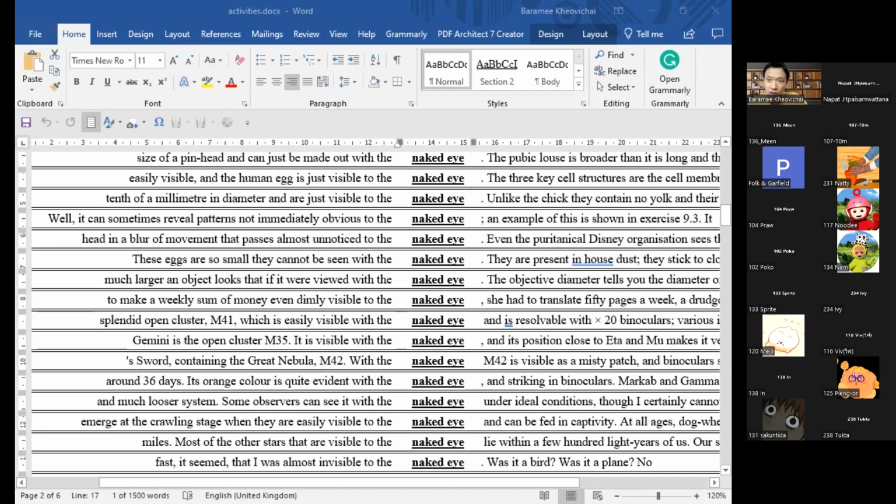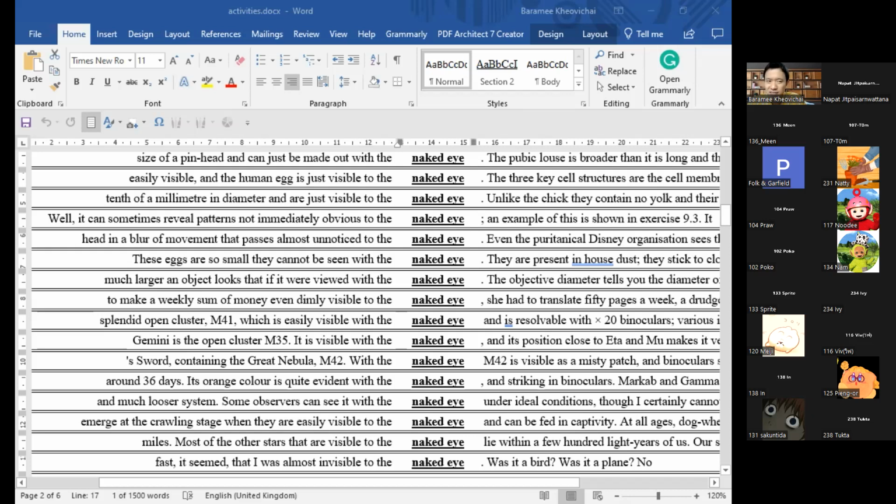An example is the word cause, which we will come back to later. But also, if you look at the word naked eye, you can see that a number of times, although it tends to be used with words related to visibility, naked eye tends to be used in a context where it is not easy to see.